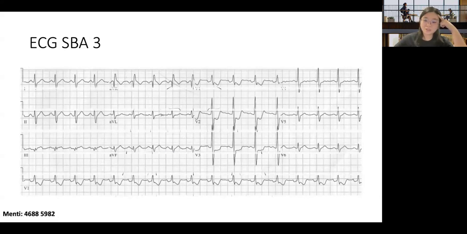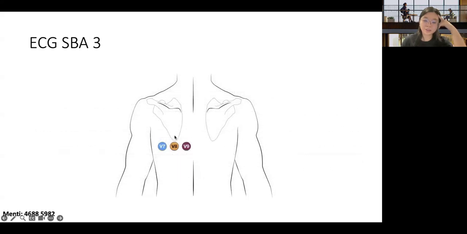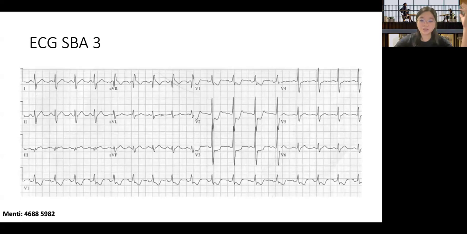Posterior STEMIs can only be confirmed by doing posterior leads at the back, V8 to V9, where you see ST elevation. But on the opposite side, the anterior side of the heart, you would see ST depression, a reciprocal depression, as well as tall R waves.